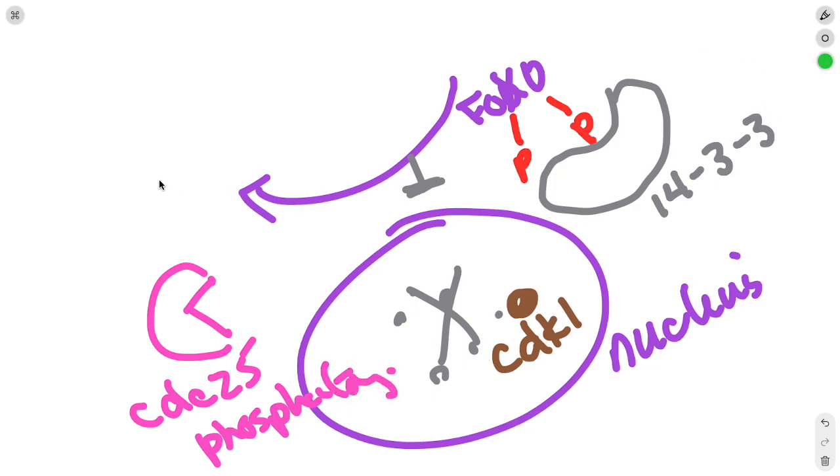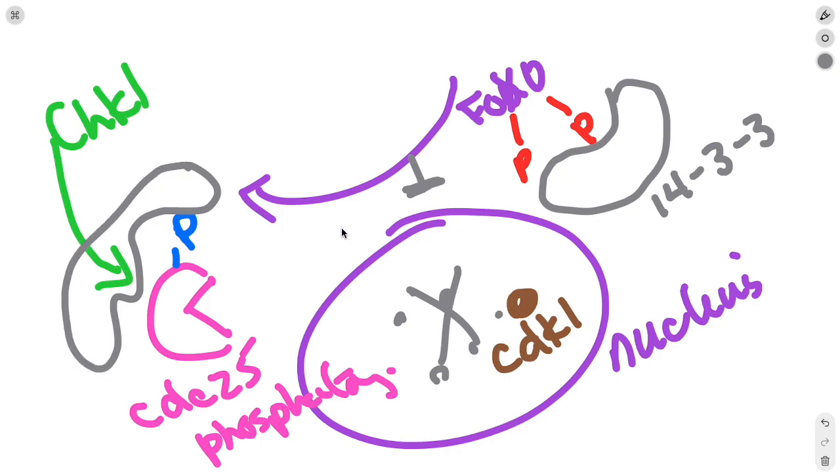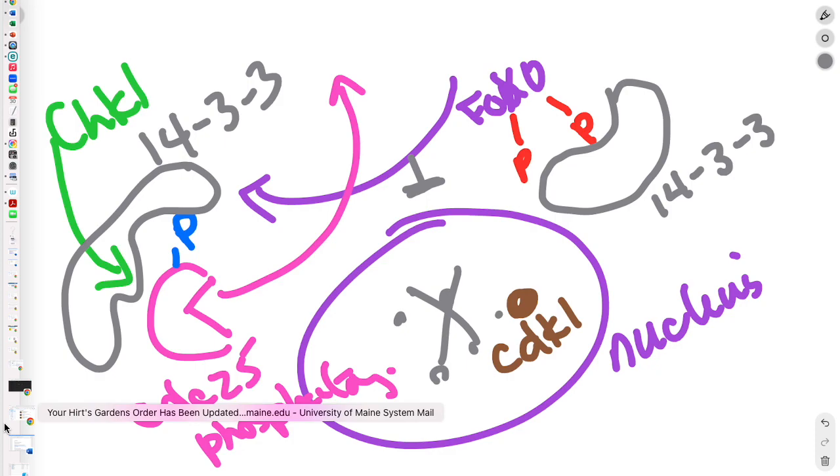When Chk1 adds a phosphate to CDC25, this protein binds it and prevents it from going into the nucleus and doing its job. And the protein that binds to it is this 14-3-3 protein. So that's just a detail from that figure.